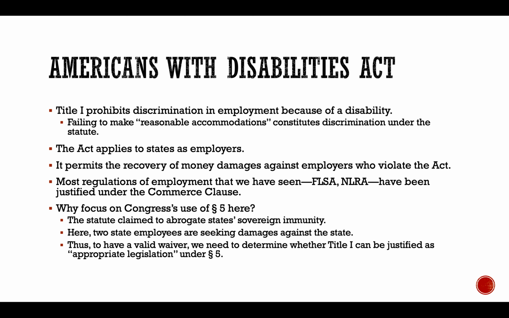So because this is a suit against a state for money damages, we need a justification for the statute pursuant to one of the Reconstruction amendments. And Congress said that this was an exercise of its Section 5 power, so therefore we move on to determine whether this was in fact a valid exercise of Congress's Section 5 powers.